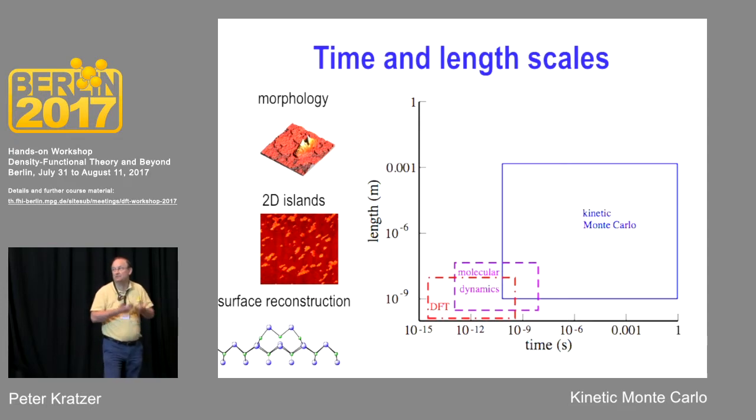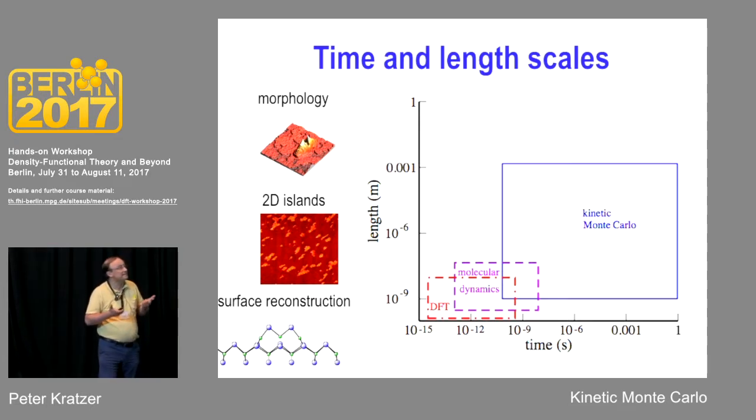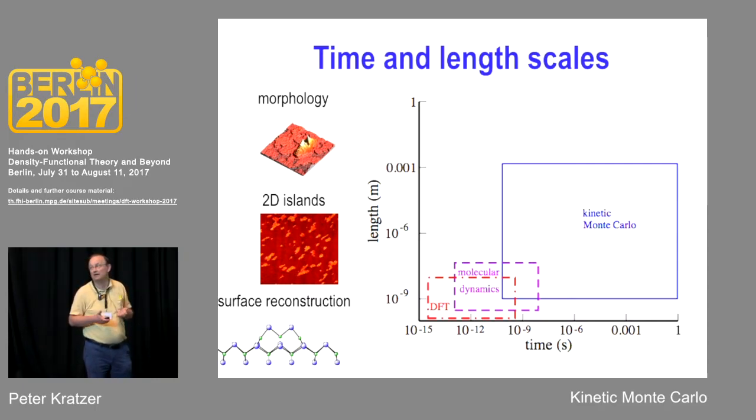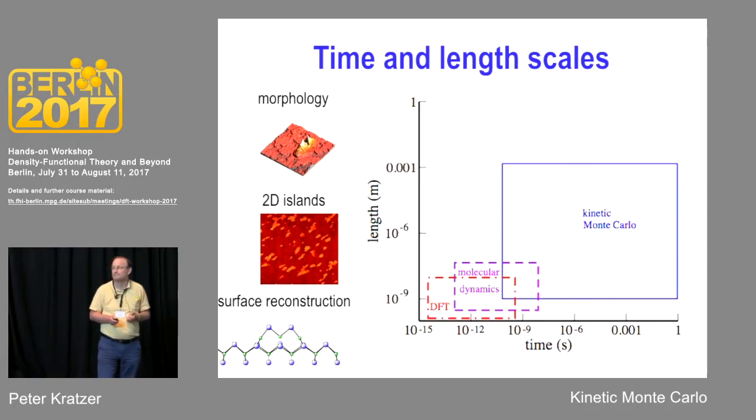We have activated processes, activated by temperature, and these cannot be efficiently simulated by molecular dynamics. One needs some acceleration of molecular dynamics or different techniques like kinetic Monte Carlo. And this is what my talk will be about.